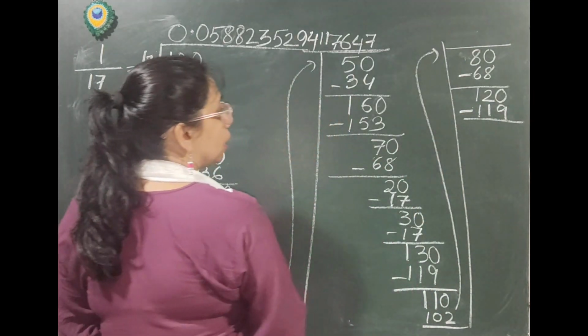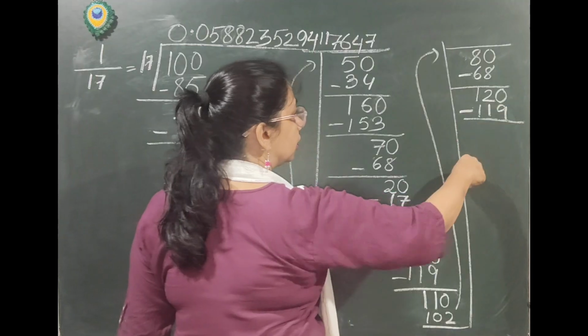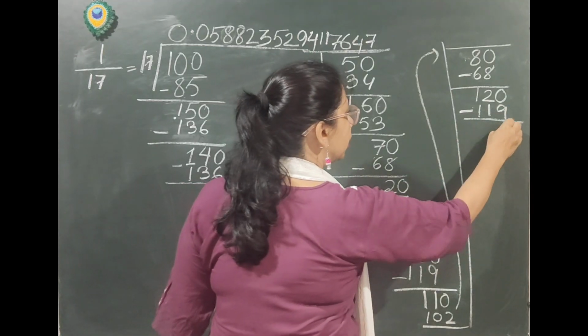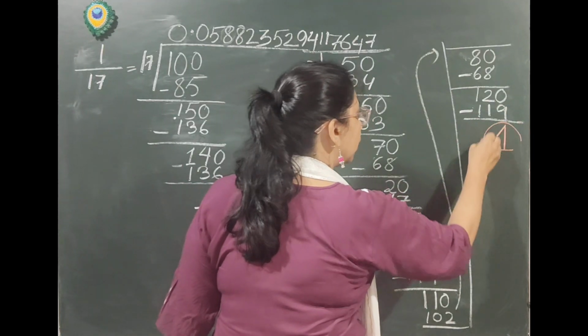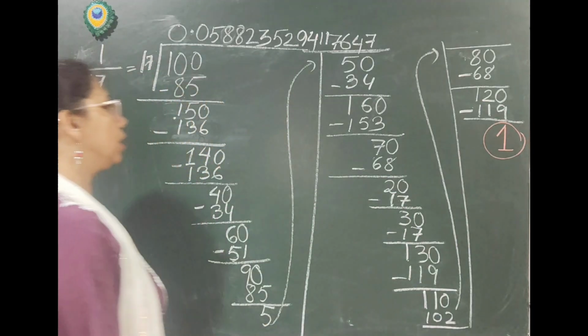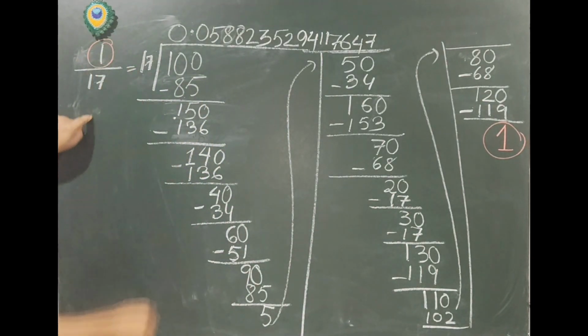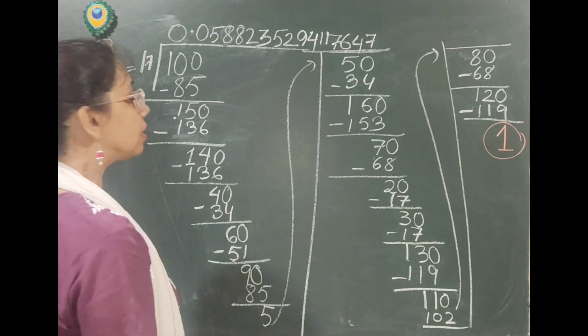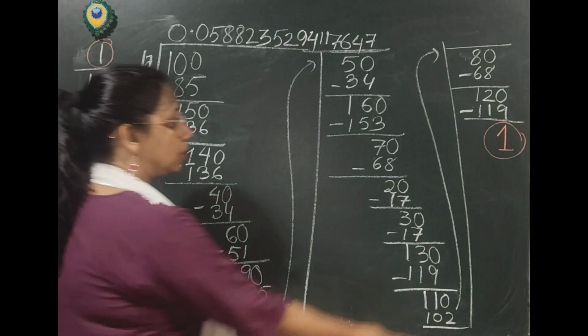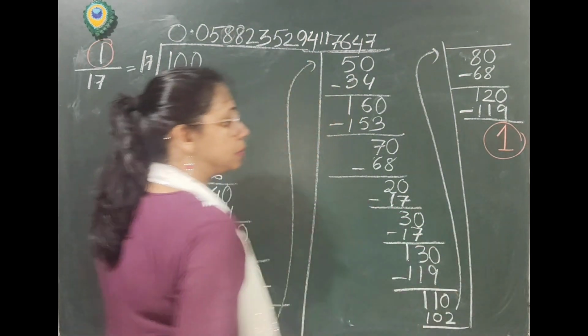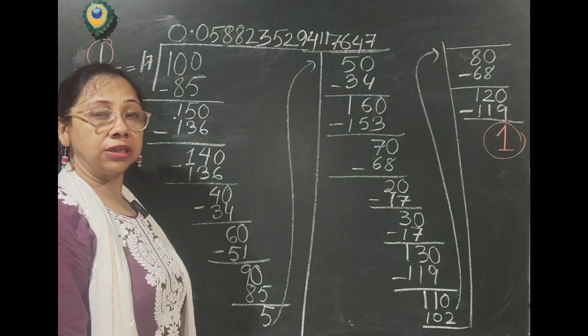You see, 120 and 119, if we subtract, we get 1. Okay, so you see this side of the board, we have started from 1, started dividing 1 by 17, and finally we get back 1 as remainder.